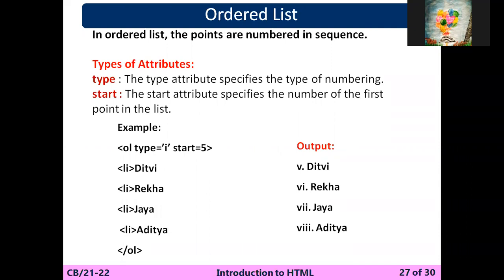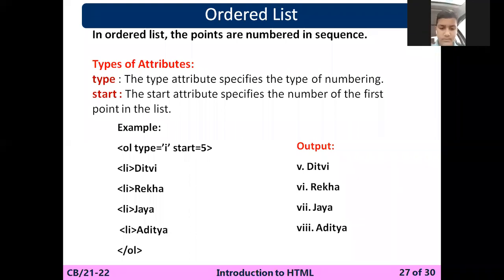First is the ordered list, second is the unordered list, third is the definition list, and fourth is the nested list. Which was the fourth list? Nested.